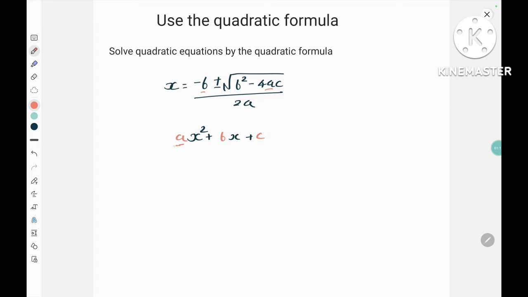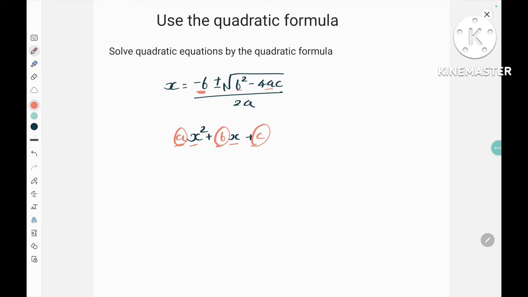So a is the coefficient of x square, or you could say the number in front of x square. That number we call a. The number in front of x we call b, and the constant term without any x variable is c. So when we use this formula and insert the values, we must remember the values of a, b and c.